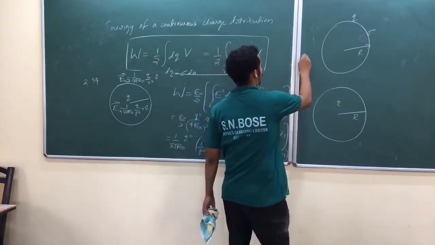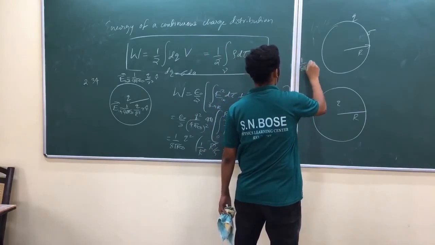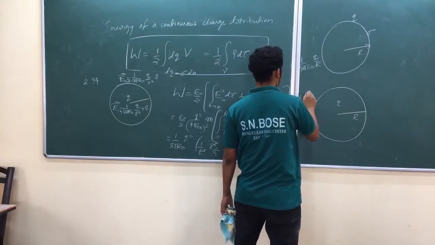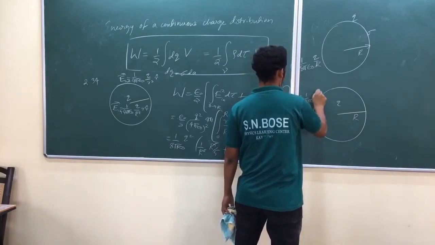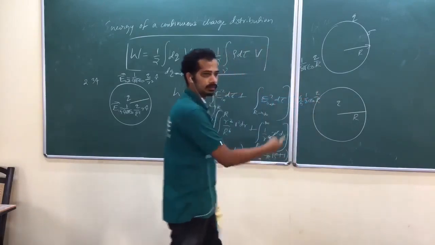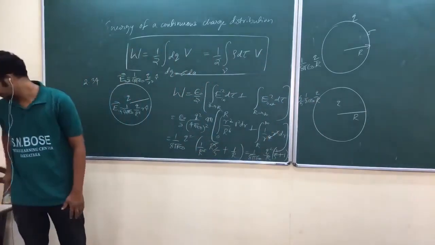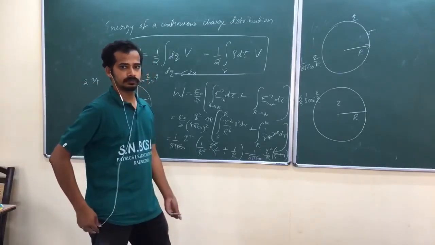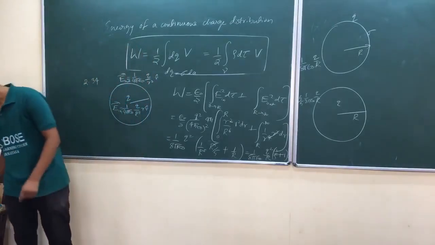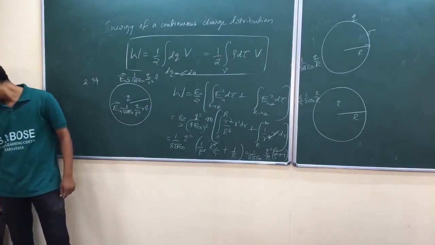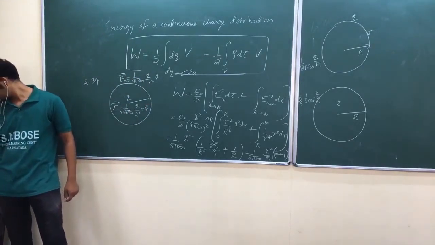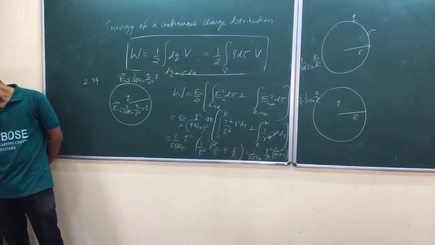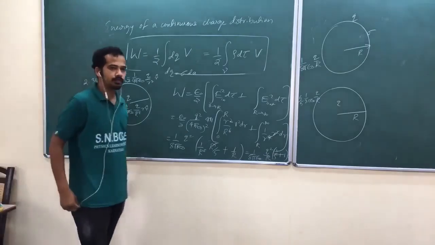Here you got total electrostatic energy 1 by 8π epsilon naught Q square by R, am I right? Here you got 6 by 5 times 1 by 8π epsilon naught Q square by R. Why higher here?